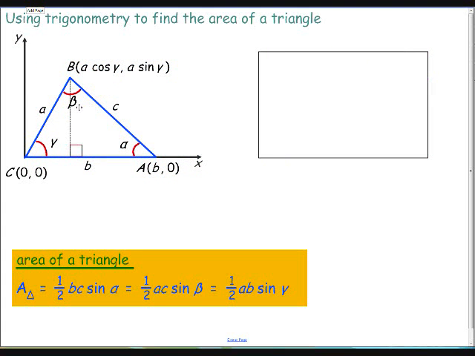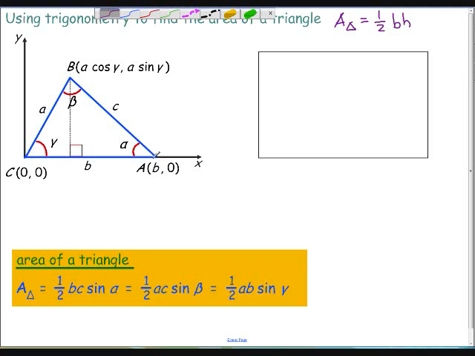We're going to use trig to find the area of a triangle. Well, we've known for a long time what the area of a triangle is, haven't we? We know the area of a triangle is 1/2 of the base of that triangle times its height.